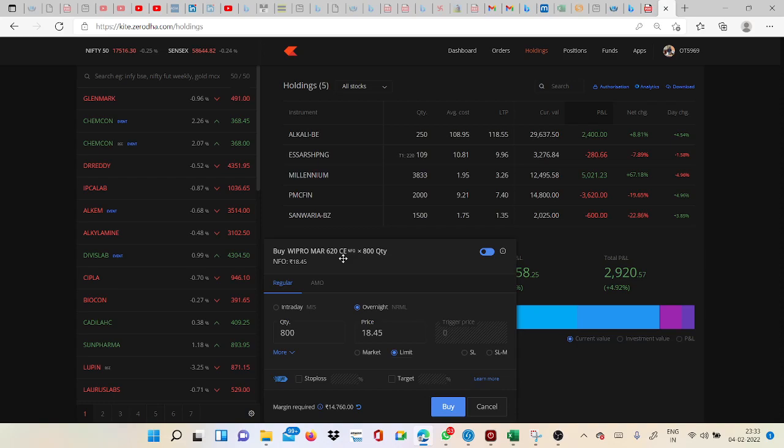You have already paid the premium, and your contract is now in profit, because from 18 rupees it has increased to, let's say, 70 or 80 rupees. Apart from that margin, you will have to pay the additional margin required to exercise this particular contract. Otherwise, if you don't have margin in your account, the contract will not be exercised.